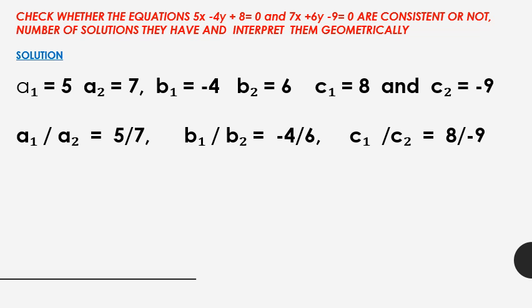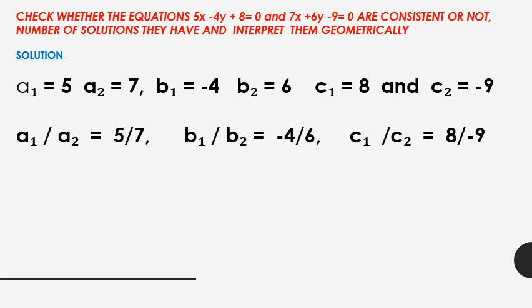For working out these type of problems, we have to write the coefficients of x and y in both the equations. Now the x coefficients are a1 and a2, those are 5 and 7. Y coefficients are b1 and b2, those are minus 4 and plus 6. c1 and c2 are constants, they are plus 8 and minus 9.